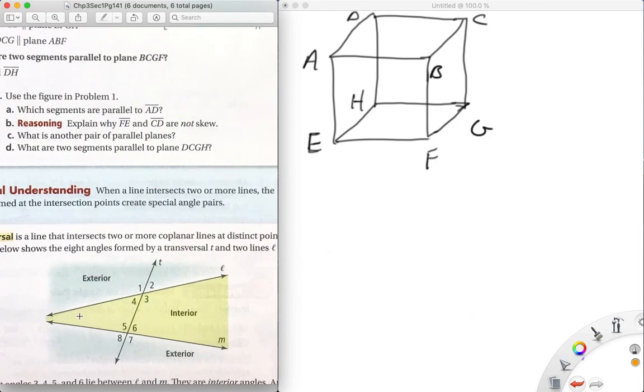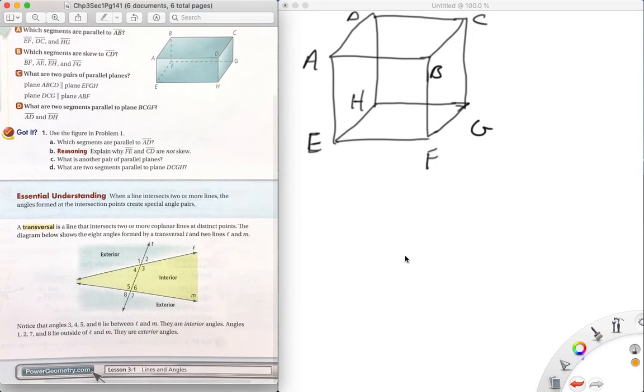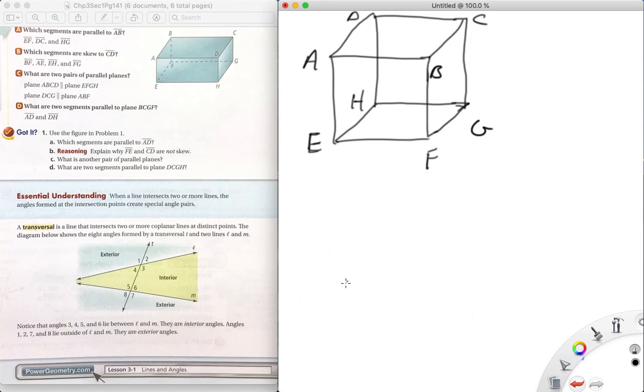Alright, so here we have something called a transversal. If we have two or more lines, we have line L, we have line M, right? We have this thing called a transversal.